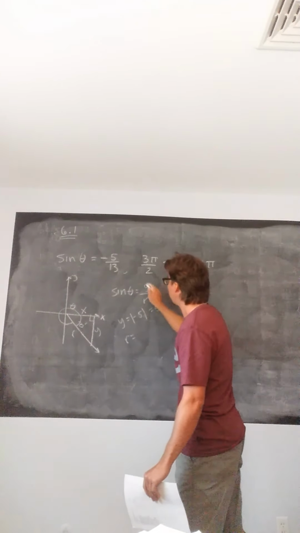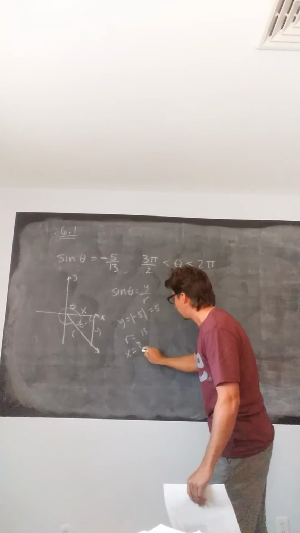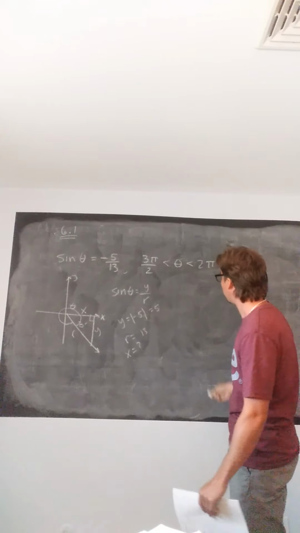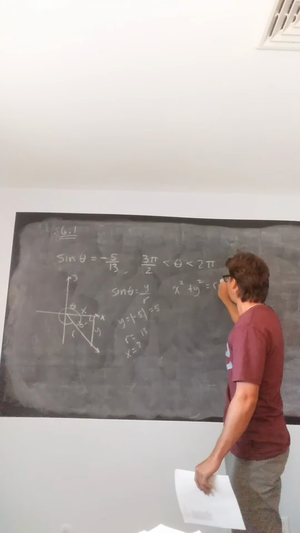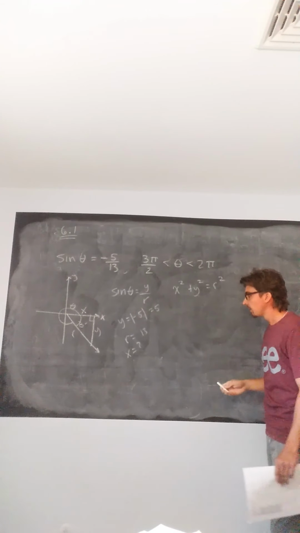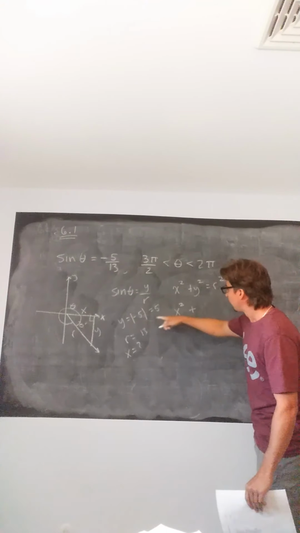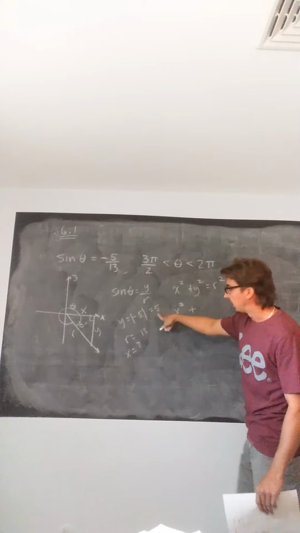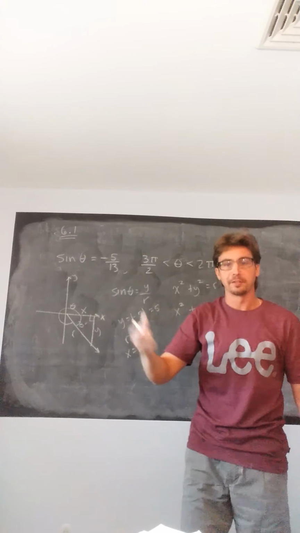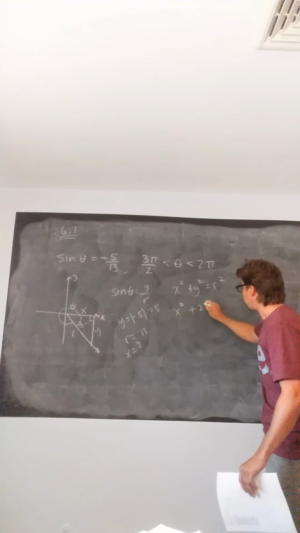And our r is 13. So that means we have to figure out what x is. And that's not so bad because we're going to use the Pythagorean theorem. x squared plus y squared is r squared. Now I'm going to use the values. We've got x squared, which we don't know, plus y squared, so we're going to use the 5. It doesn't matter if you use the negative 5 because when it becomes squared, it becomes positive. But this will be 25.